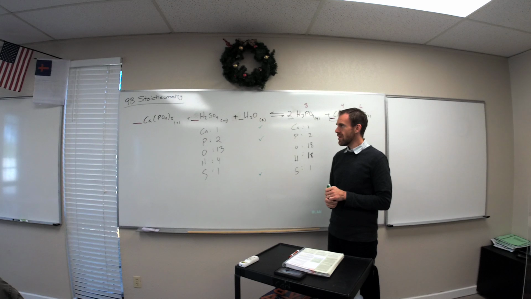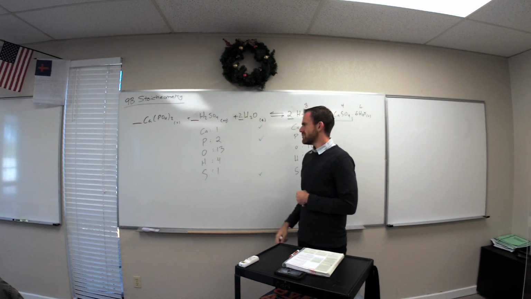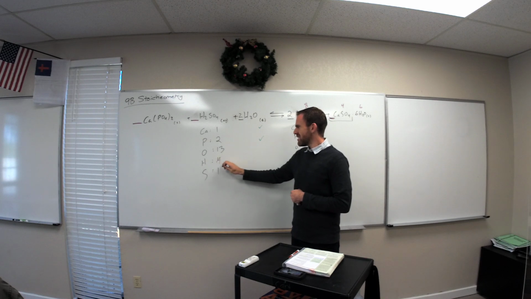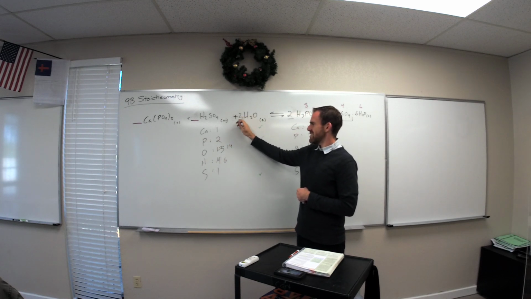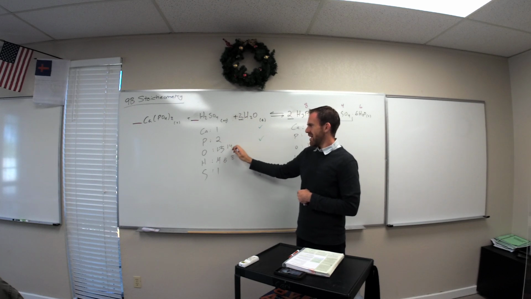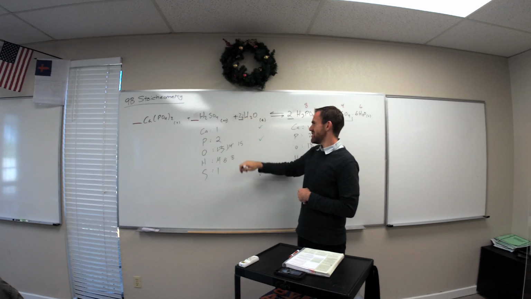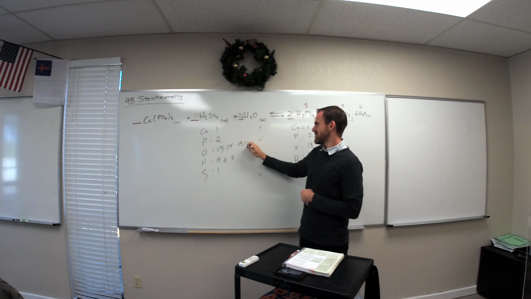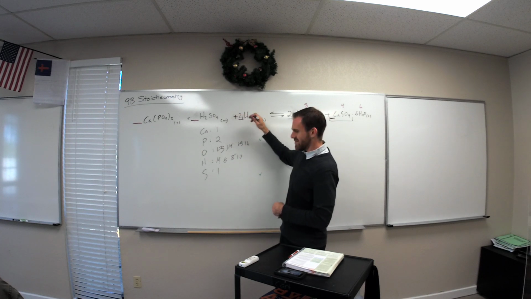Okay, 2 gets us to 6 and 14. 3 gets us to 8 and 15. 4 gets us to... Oh, you know what? Just go to 10. How are you doing this? Go to 6.